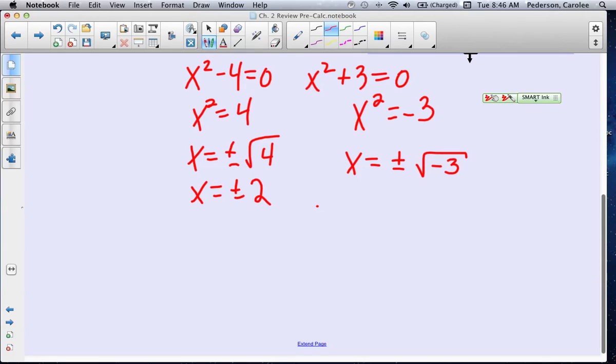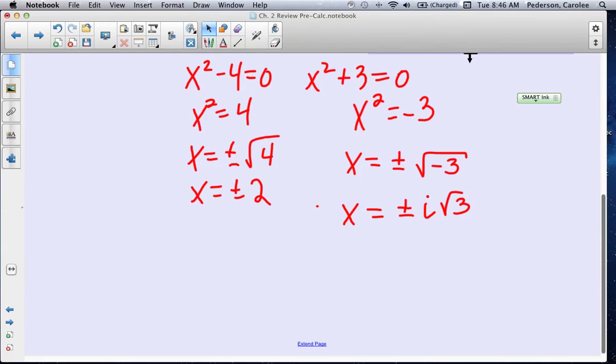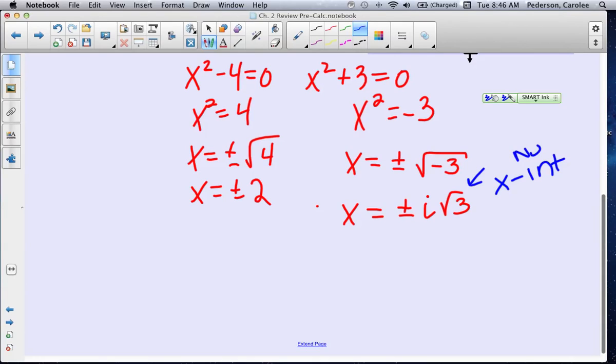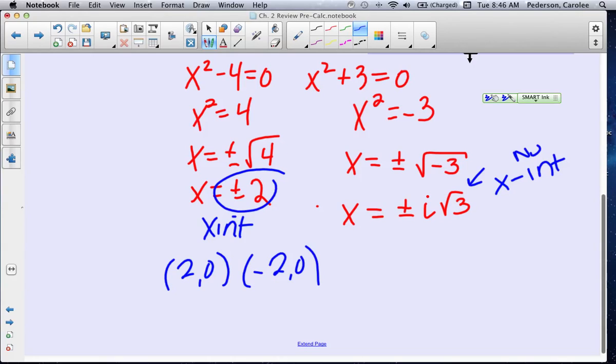A negative. So this would be x equals plus or minus i square root of 3. These are your zeros, but these are not x-intercepts because they're complex zeros. These will be your x-intercepts: 2, 0, and negative 2, 0.